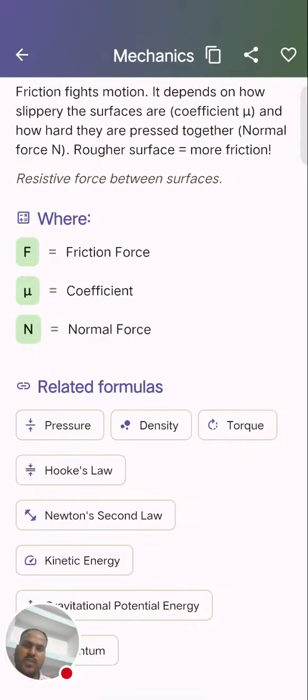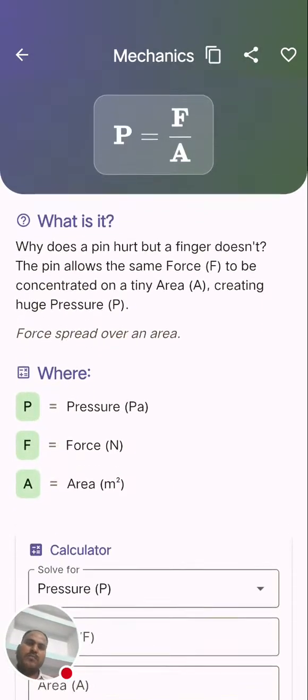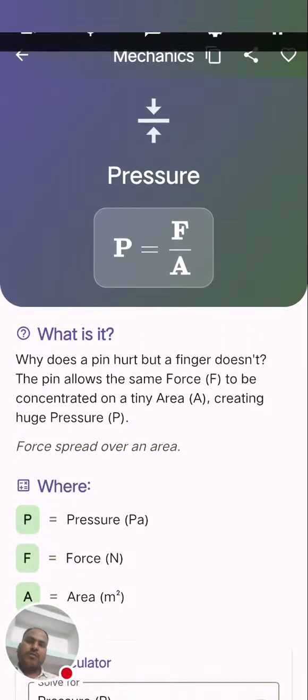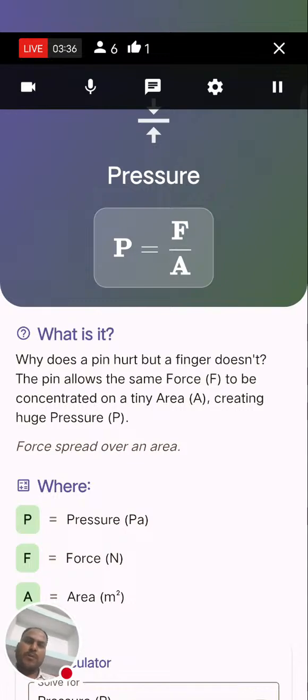Next we will discuss pressure. What is the pressure formula? Everybody write it in the chat box.